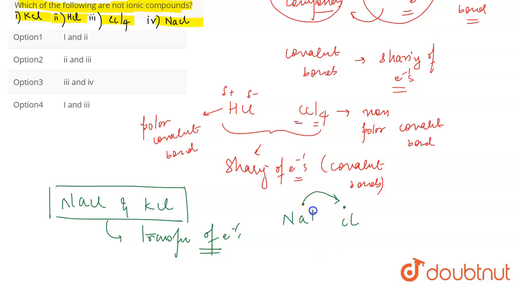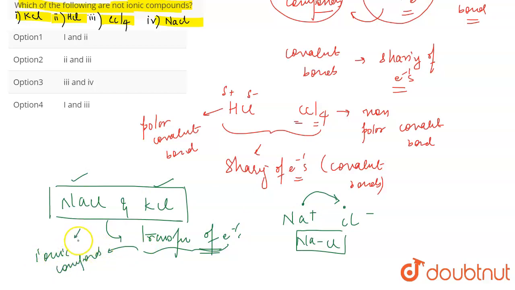So Na plus is formed and Cl minus is formed, and that is how an ionic bond formation takes place. Okay, so both NaCl and KCl undergo transfer of electrons, so ionic bonds are formed, and hence both of these, NaCl and KCl, are ionic compounds.